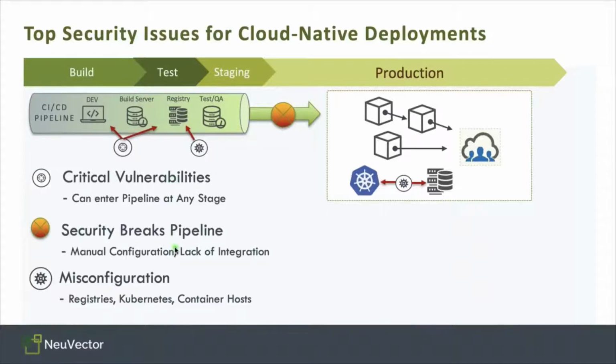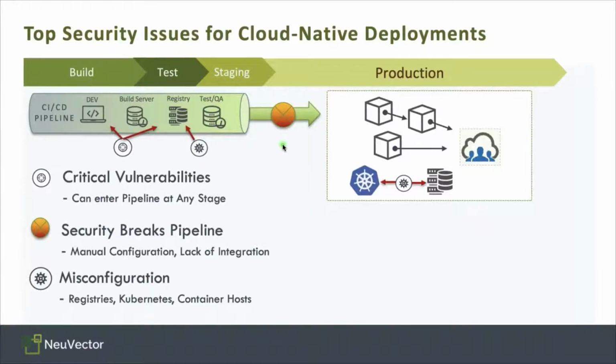The second key concern, and really why we're talking about automation today, is that the security team and the DevOps team really cannot afford to slow down the pipeline or even break or stop the pipeline.